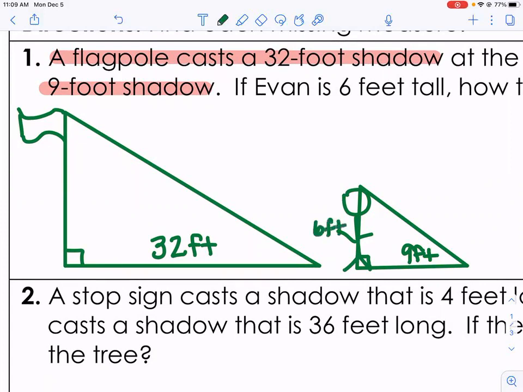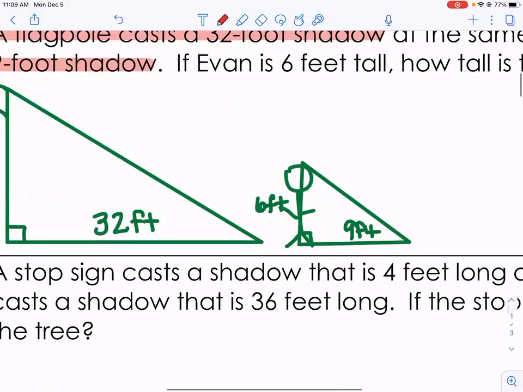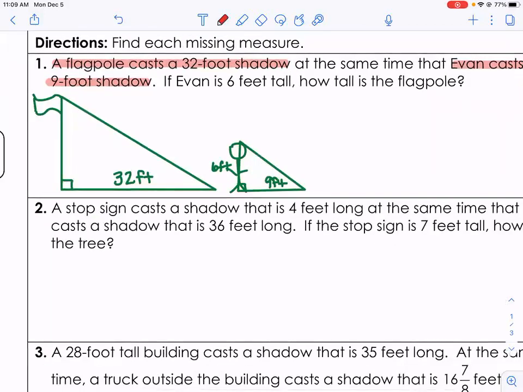Okay, and I want to know how tall is the flagpole? So maybe I should label that. We don't know how tall the flagpole is. So I'm gonna come over here to the flagpole and I'm gonna call it X. Because I don't know what it is, but I wanna find it.